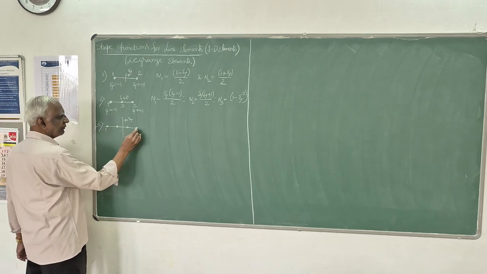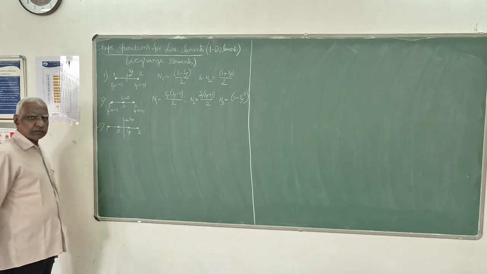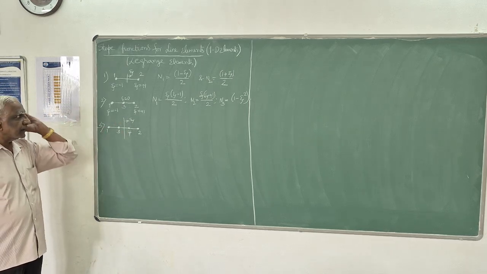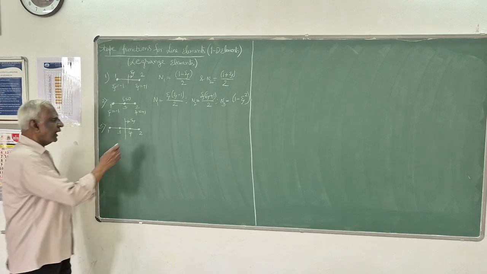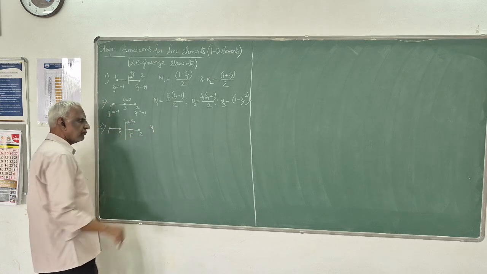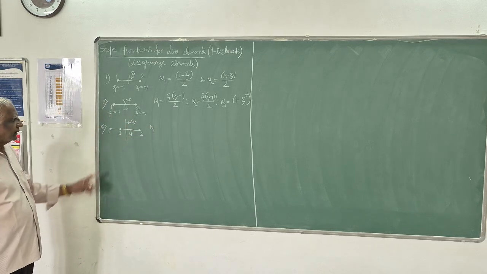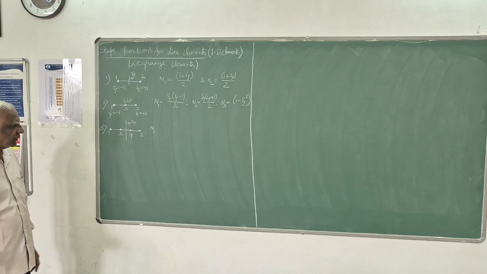So here we have a cubic element, 1, 2, 3, 4. 1 and 2 are the end nodes, 3 and 4 are middle nodes, and we will apply the Lagrange formula for finding the shape function. Here, since there are 4 nodes, we have 4 shape functions.